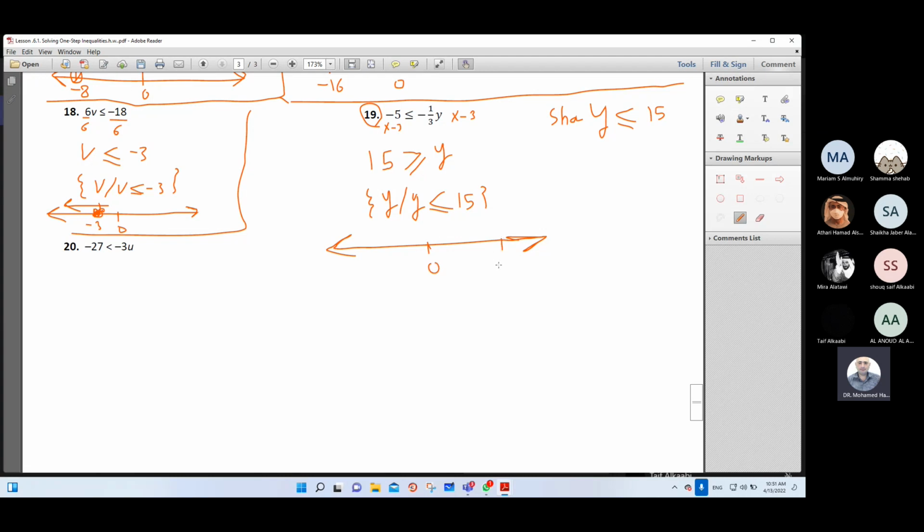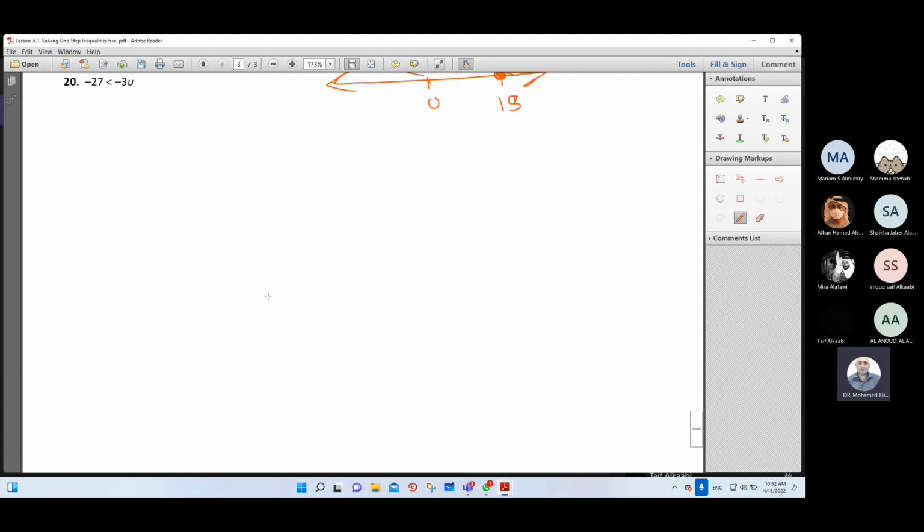For example, this is 15. And we have here equal in the sign, so use shaded circle. And the direction y less than is the direction to the negative side. Who has any question about this idea? Thank you, Shamma.